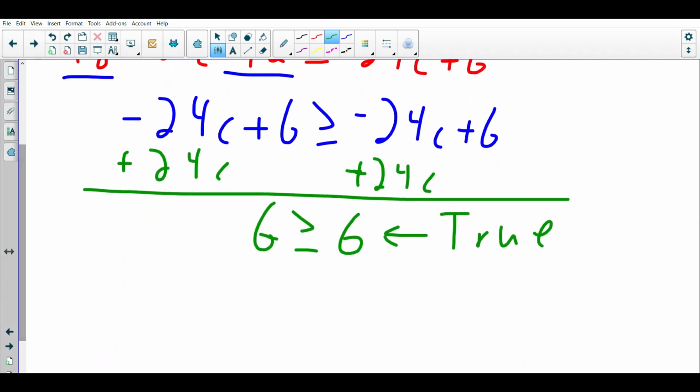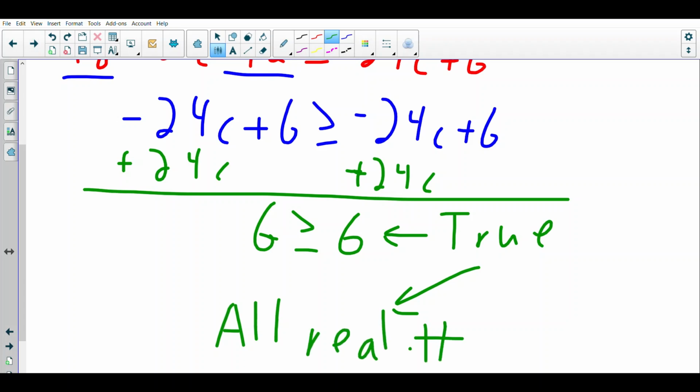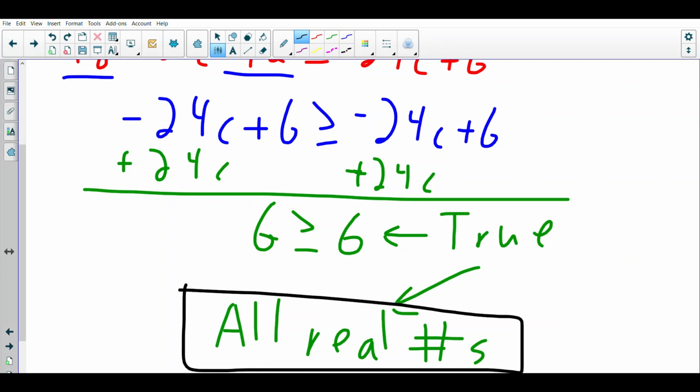In this case, a true statement means all real numbers. Any number you put in for the variable c is an answer. So your answer in this case is all real numbers. Remember, true statements mean all real numbers. False statements mean no solution. And if it's just c or x or something is equal to a number, then it's just one solution.